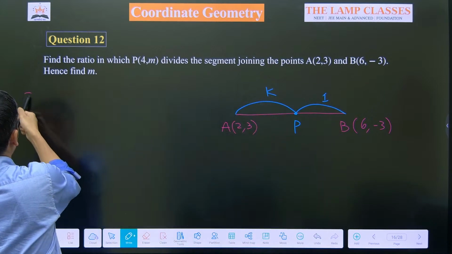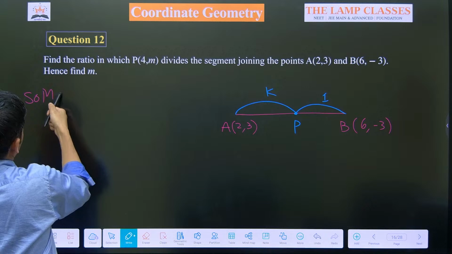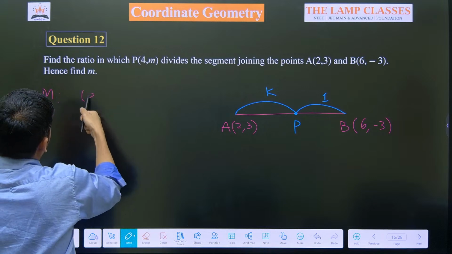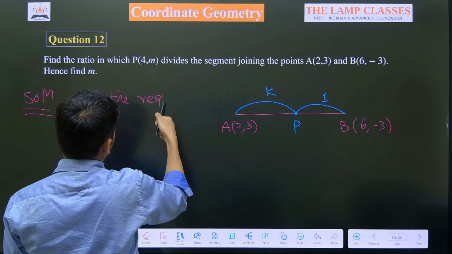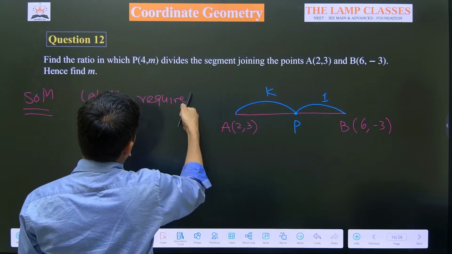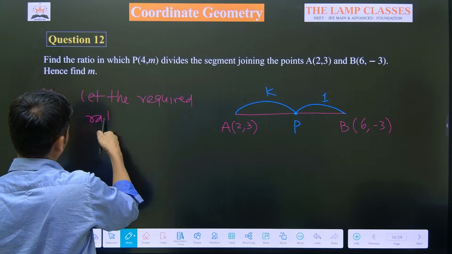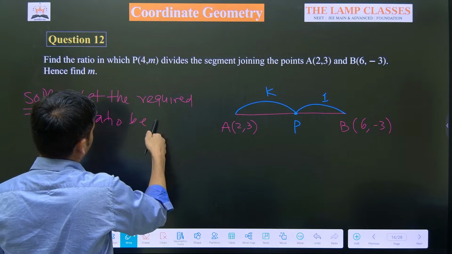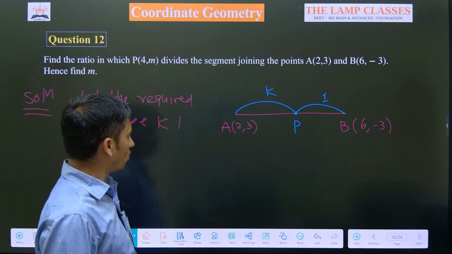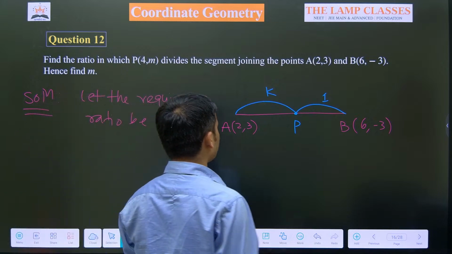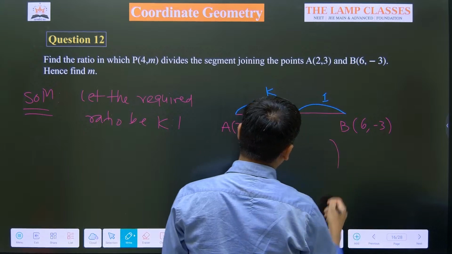So in the solution actually we'll even mention that. Let the required ratio be k:1, and if it is k:1 we can find out the coordinate of point P in terms of k by cross multiplication only.